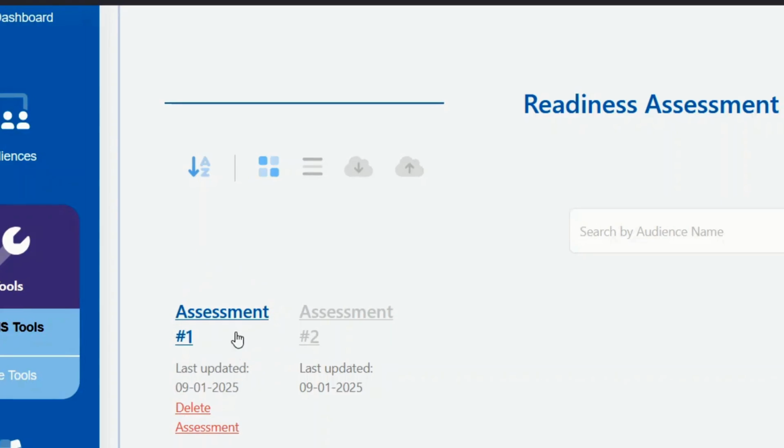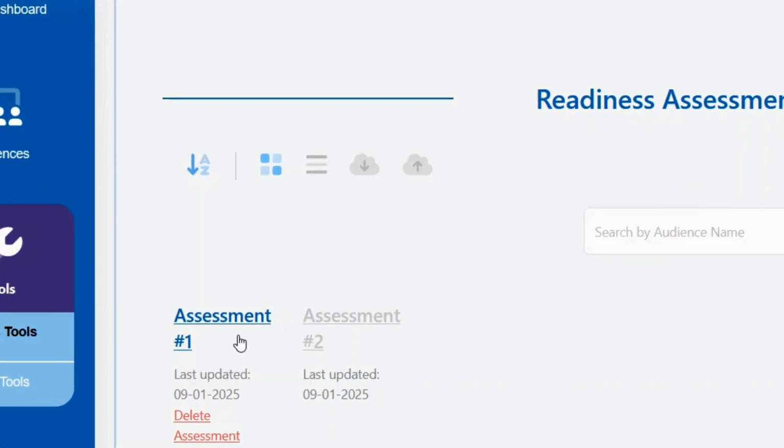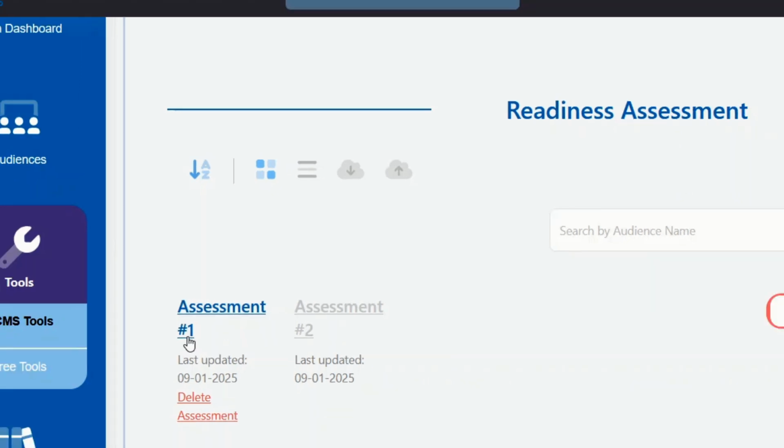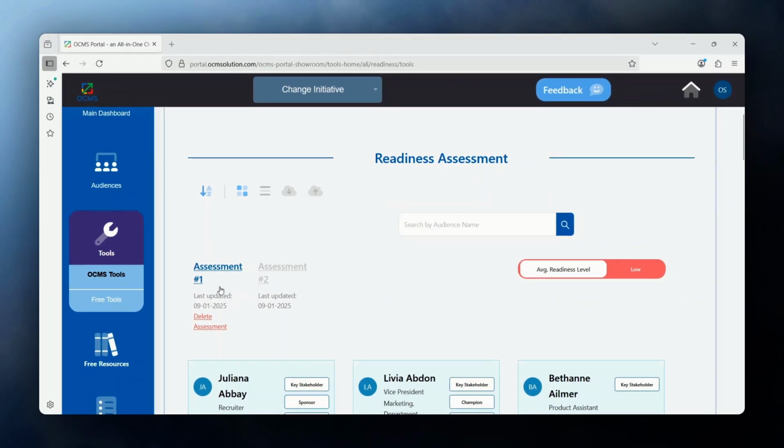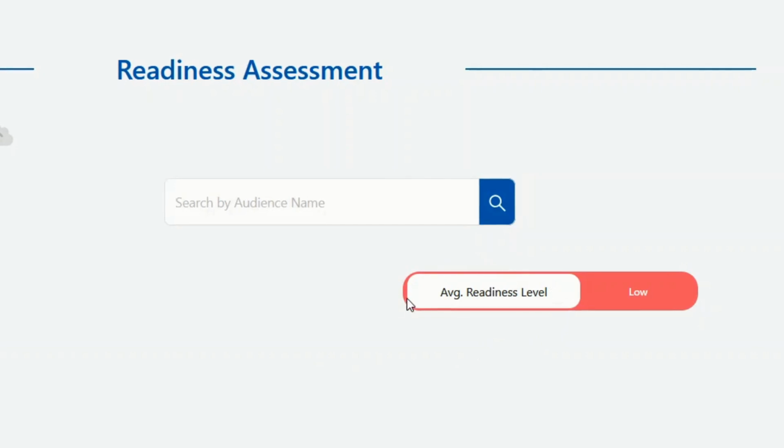In this example here on my screen, we conducted assessment number 1, change readiness, and you will notice there was an overall average out of all the people that were assessed. The average total readiness level score was a low.